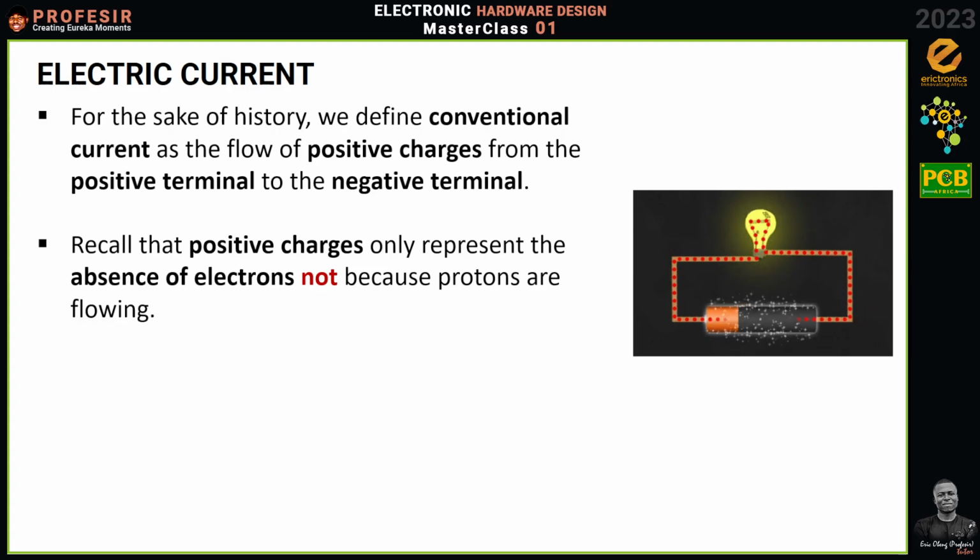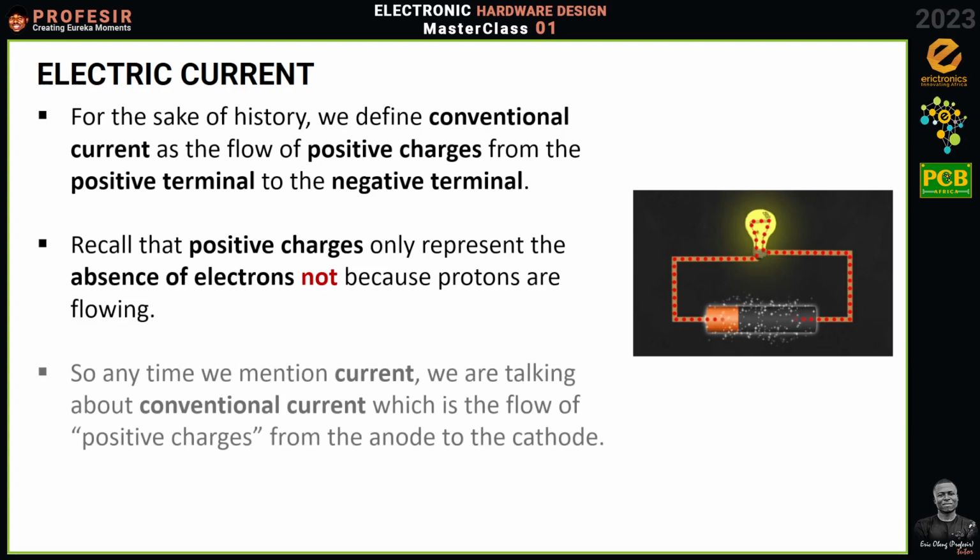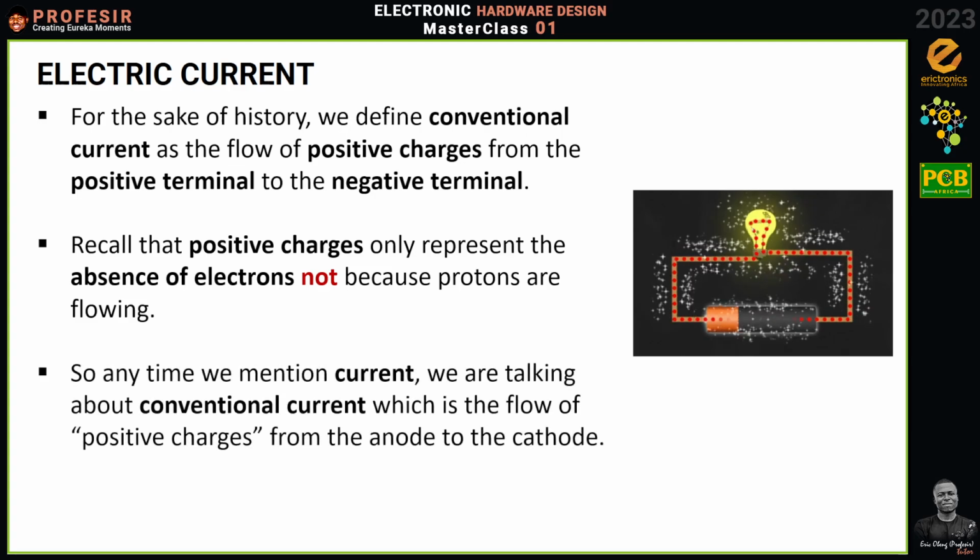So if an electron is moving in one direction, it is creating absence of electrons in the opposite direction. Technically it makes sense and doesn't change anything. So conventionally we take current to be positive charges moving from the anode to the cathode. Take note when we are talking about electron current and conventional current.